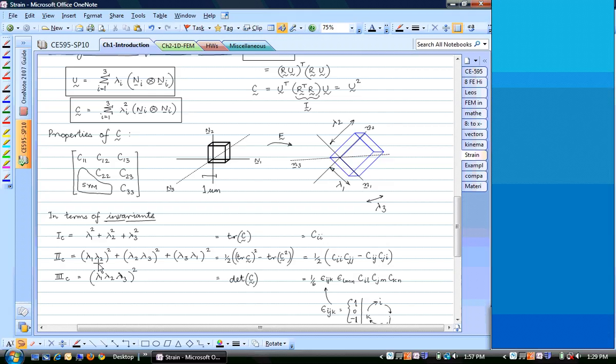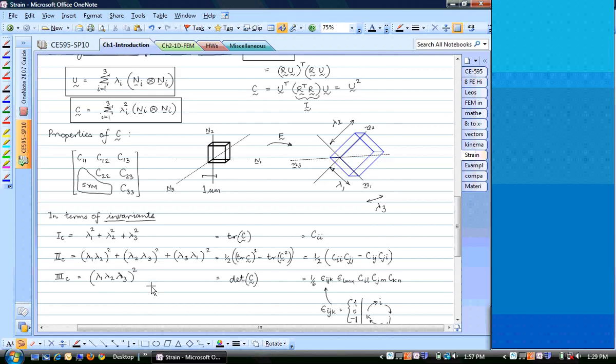Once you take that surface area and square it, you get the first term. You take the surface area of this face of the cuboid, you get this term. You take the surface area of this top face, you get this term. So the change in the surface area of the entire cuboid is related to the second invariant of C.